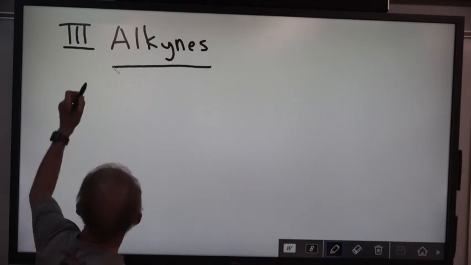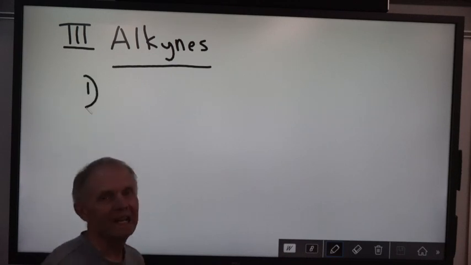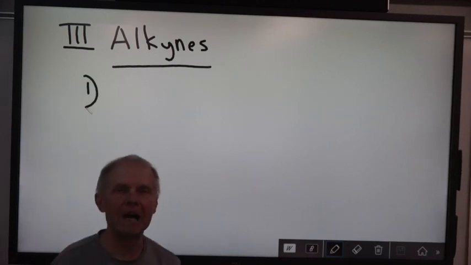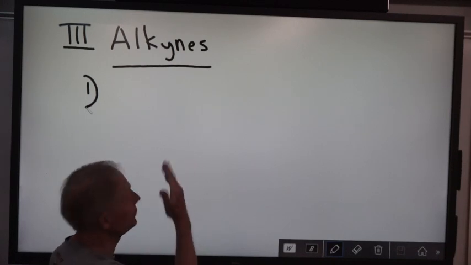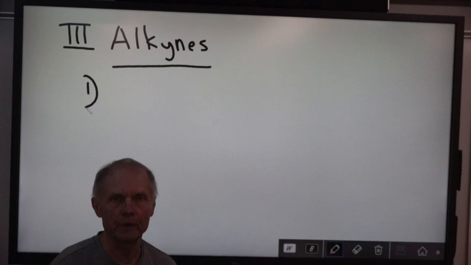So, for number 1. If it has a double or triple bond, it can't hold all the hydrogens it's supposed to hold. So this also is called unsaturated.